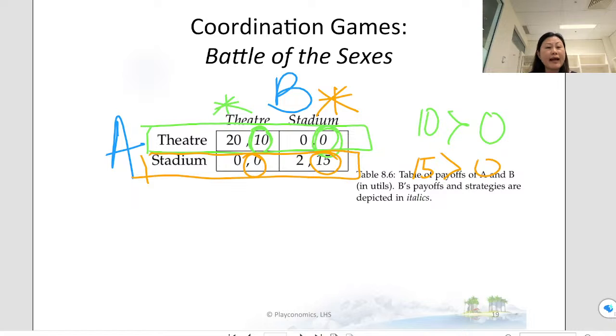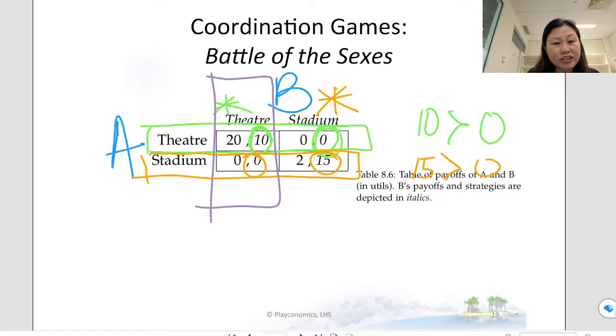Now, if player B goes to the theater, player A can either choose to go to the theater or to go to the stadium. And player A goes to the theater.